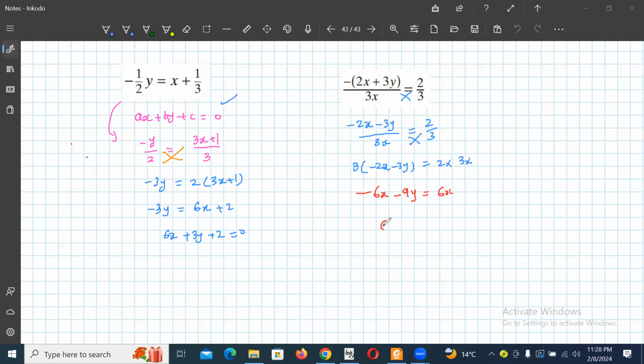Again, after rearranging, if we take this 6x to the other side, it would be plus 6x and plus 9y is equal to 0. So here I'm getting plus 12x plus 9y is equal to 0. Here c is 0, so you can write it in this form. I hope it is clear. Thank you for watching.